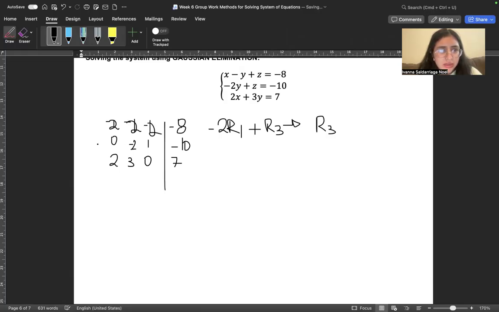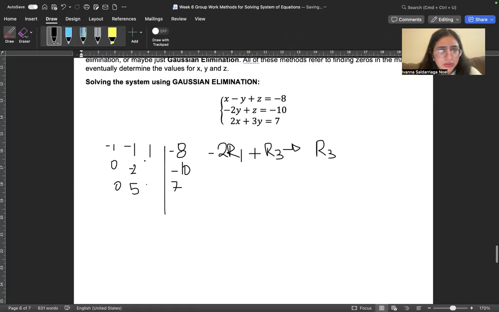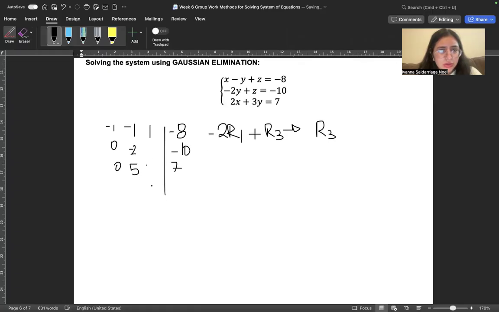So at the end, this becomes 0, this becomes 5, and this was minus 2, and this here was 0, so this becomes minus 2. What number was here?